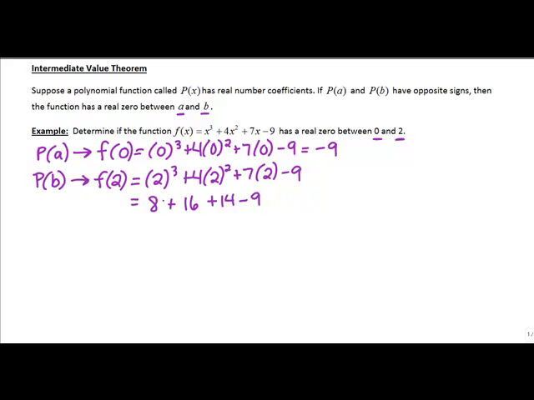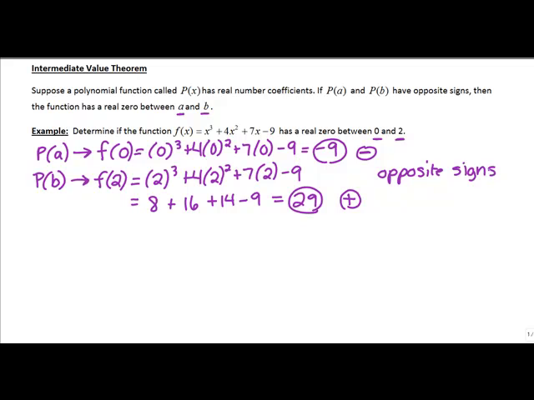Okay, that's 38 minus 9, which is going to give us 29. Okay, so we had negative 9 the first time. We ended up with positive 29 when we evaluated at the second x value. These are opposite signs, just like the theorem states.